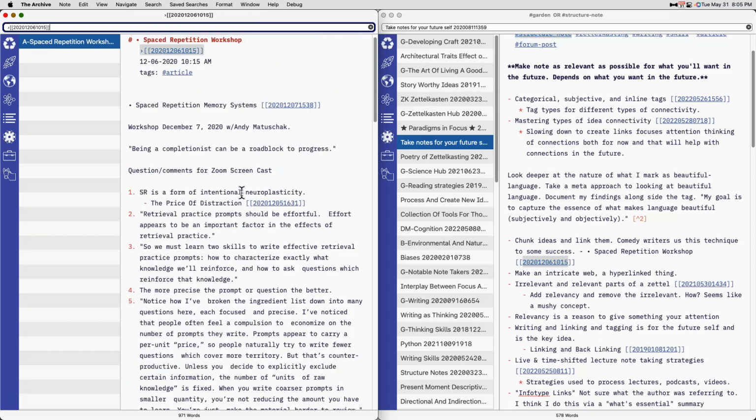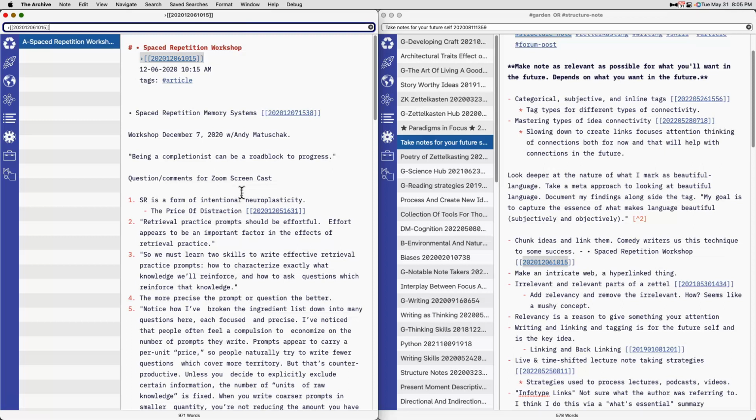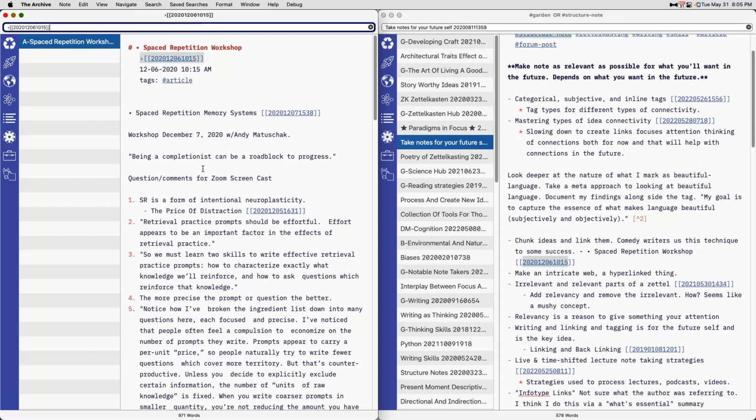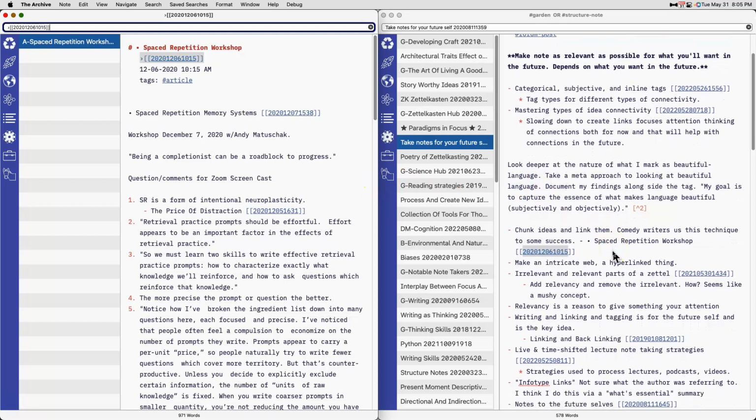This was the workshop I attended that Andy Matuschak had. It was pretty interesting. In a lot of ways, it kind of poo-pooed the idea that spaced repetition actually provides meaningful measurements to learning, maybe to memorization, but not to learning. But anyways, that's another story.